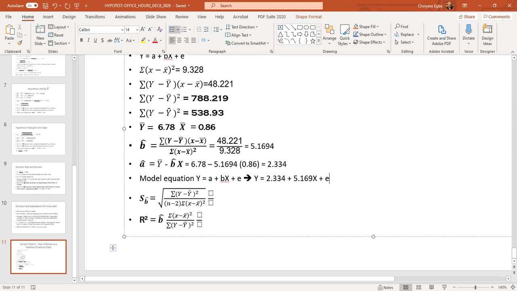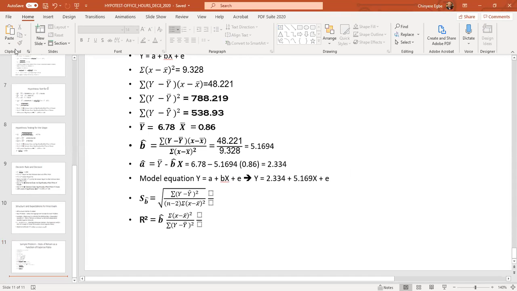Okay, so now the question is, is this number, 5.169, meaningful, in the sense that we can say X significantly affects Y? That is the question in regression analysis. So we do a test of hypothesis for that. Now I'm going to copy this and go through a test of hypothesis, which we have already illustrated in the earlier slides, but let's do it again.